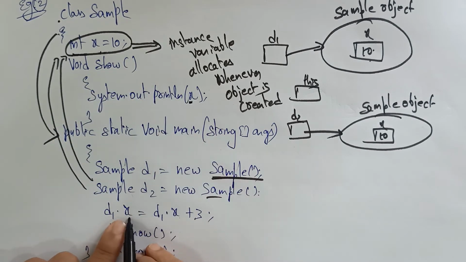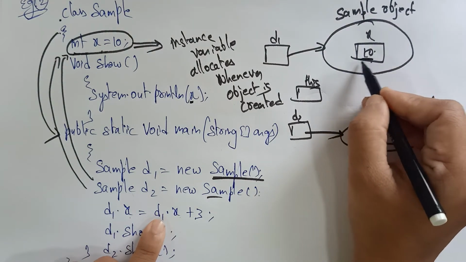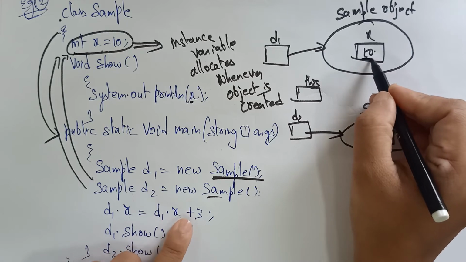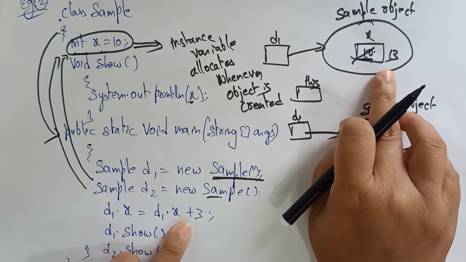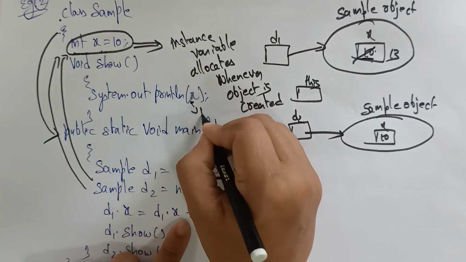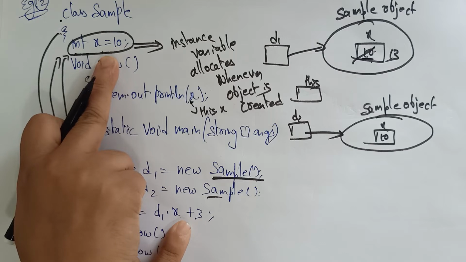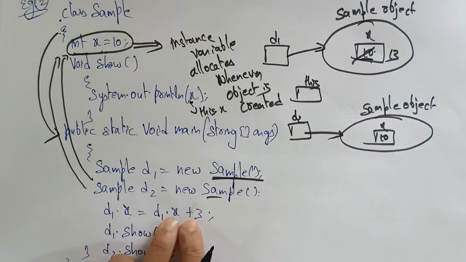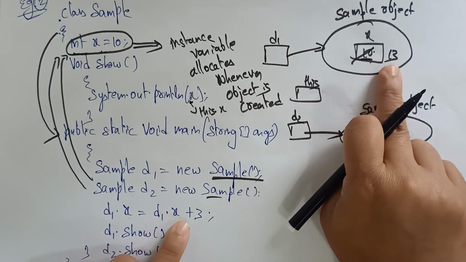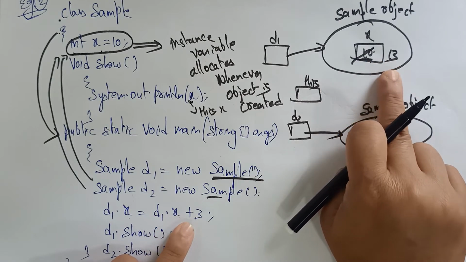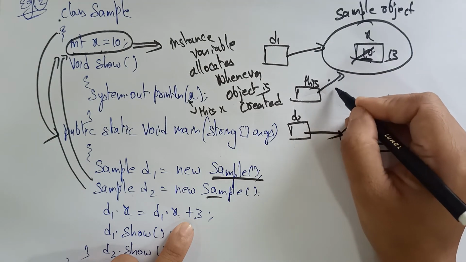So d1.x holds 10, and 10 plus 3 is 13. So it will be overridden with 13.